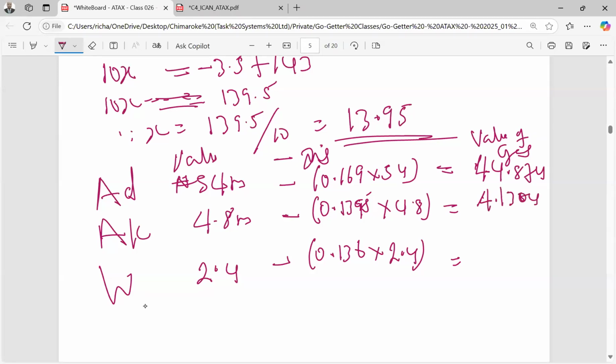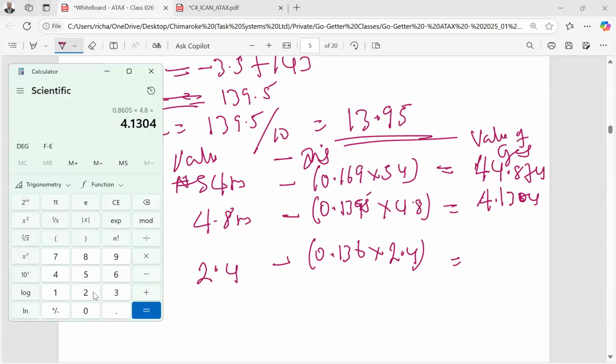4.1304. Now just to show that this other one, we can do it the other way we did before, so that if you want to choose which one to do, you can. 0.136 multiplied by 2.4. Any answer you get, remember all of this will have this negative value plus 2.4.